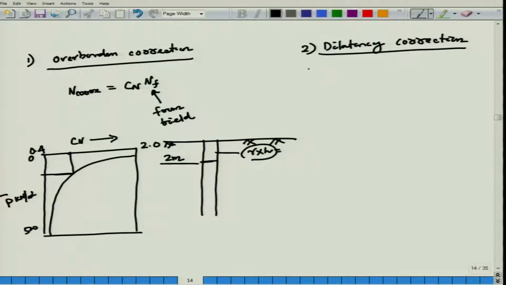Second is your dilatancy correction. Dilatancy correction is recommended for saturated fine sand and silt, particularly to counter negative pore pressure.